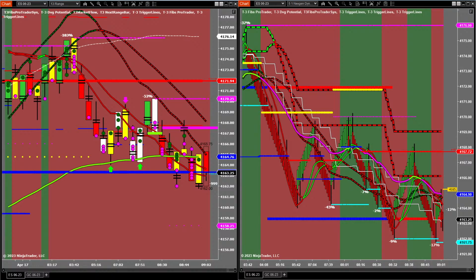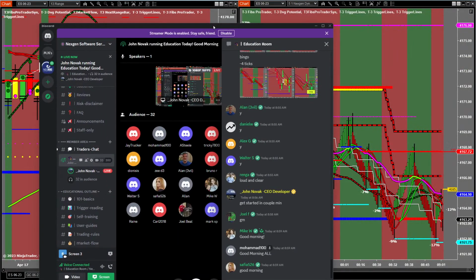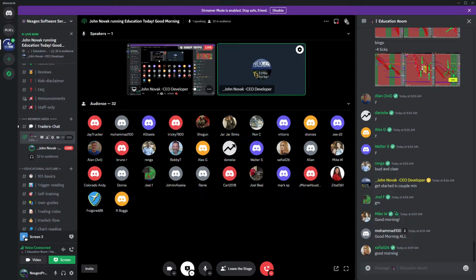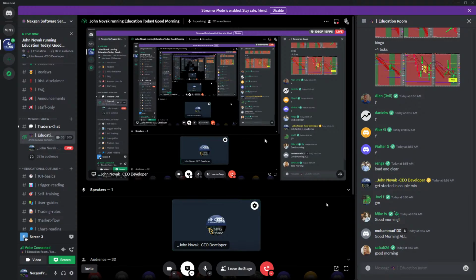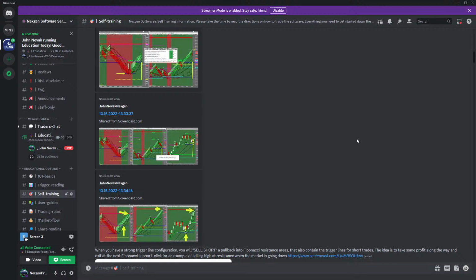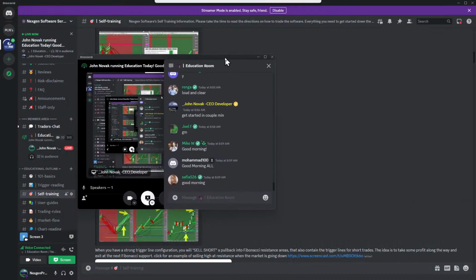Let me get back on my room here. And for those of you who are new, obviously there's instructions, but just in case, this is the section up here you can click on and you can blow it up. You can shrink it down. You can actually pop it out, and you can put it on a different monitor if you want to.